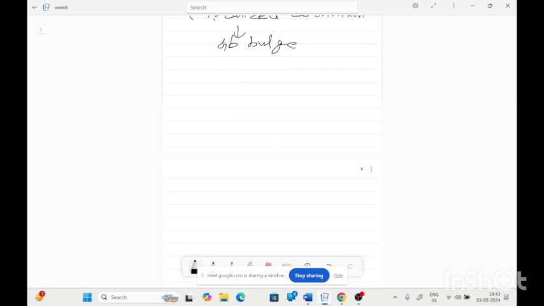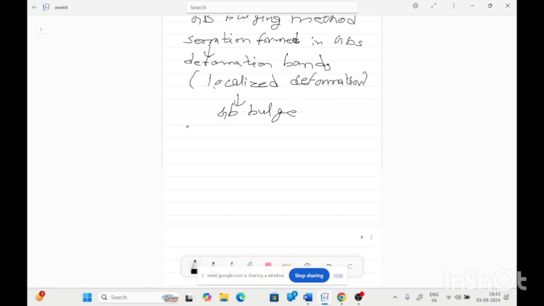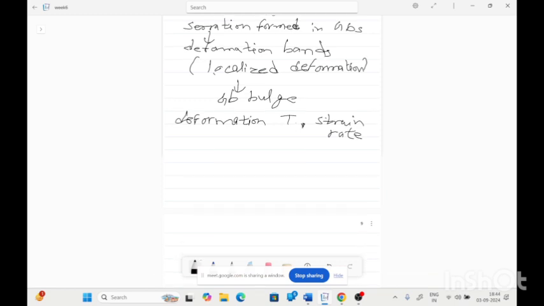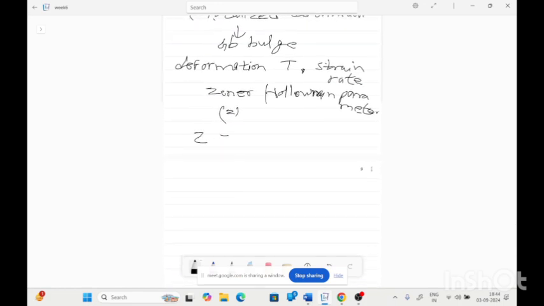Now the flow behavior. The deformation during the process depends on the temperature of the deformation and the strain rate, and one more factor that comes in dynamic recrystallization is the Zener-Hollomon parameter, written as Z. Z can be written as strain rate multiplied by exponential of Q by RT.